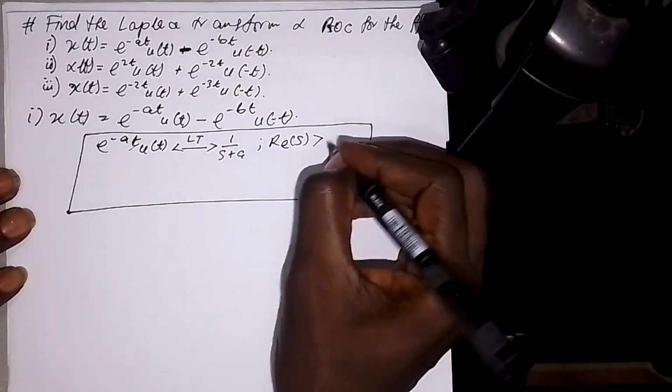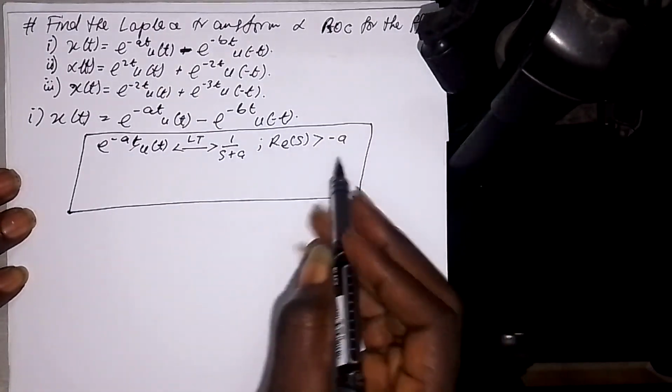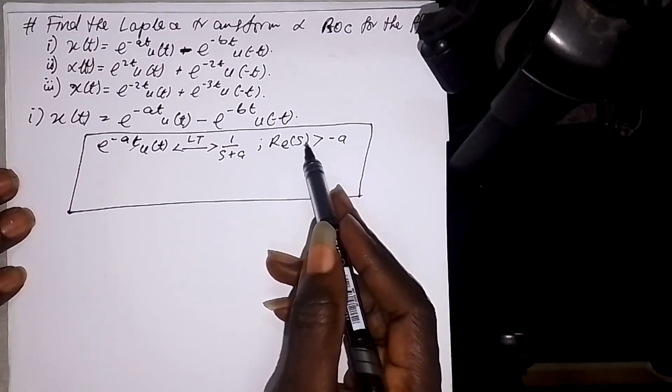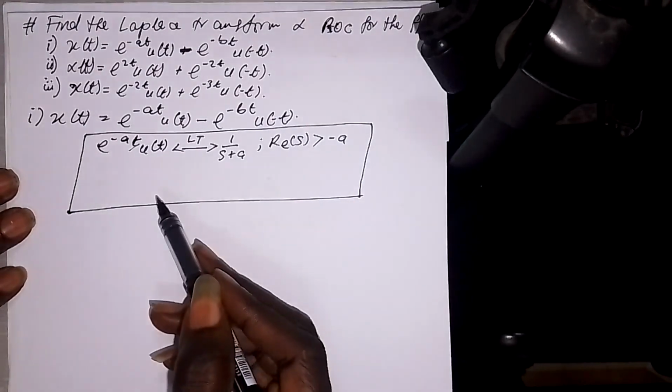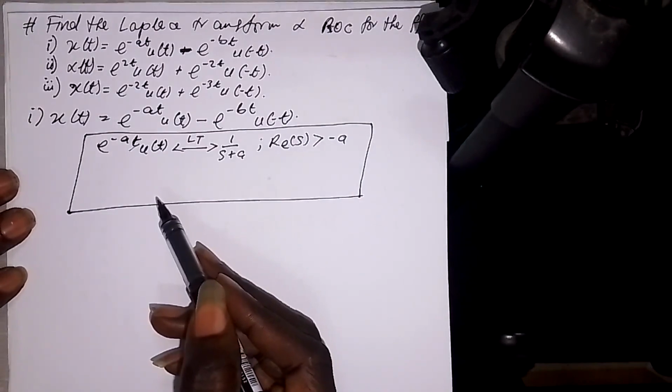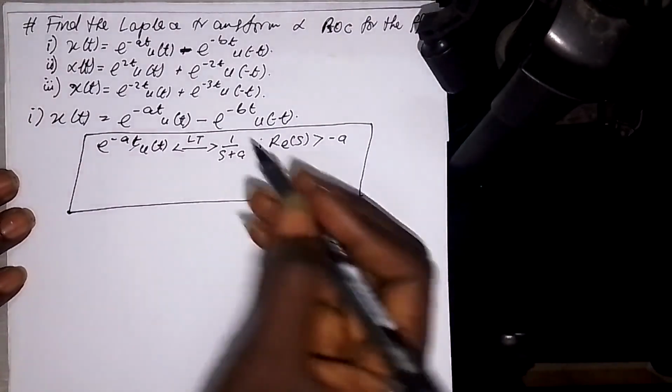Plus a moves to the other side and becomes minus a. Please visit our previous lectures, problems number 1, 2, and 3, to see how to solve this.